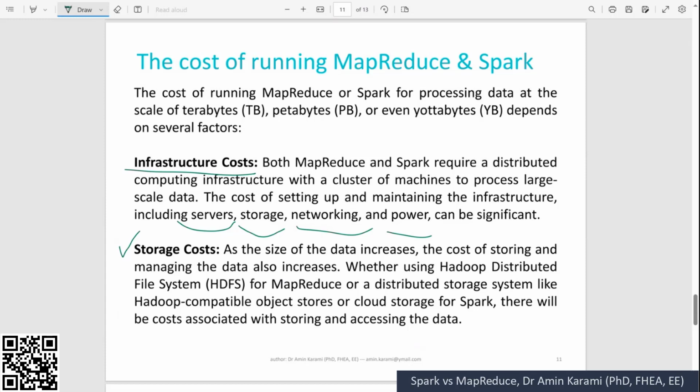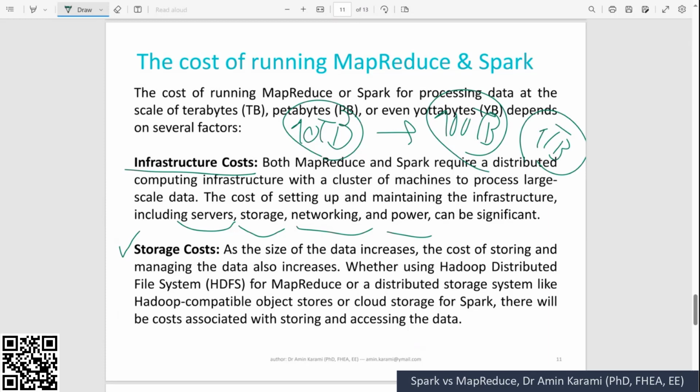It means that for storage, MapReduce is going to be cheaper than Spark. Let's say you have 10 terabytes of data you want to manage. Buying 100 terabytes of hard disk is much cheaper than buying, let's say, 1 terabyte of memory.